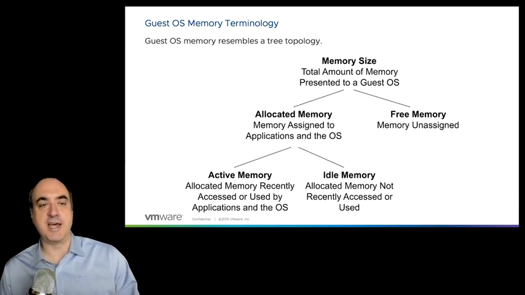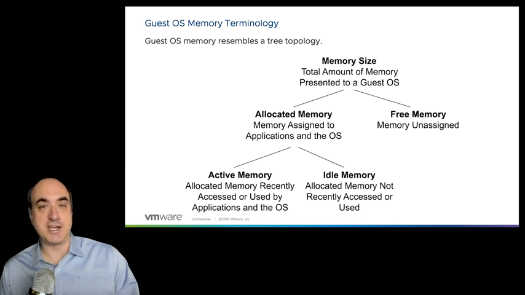The problem is, how does the ESX server's VM kernel know that those 400 megabytes of idle memory are still allocated? It doesn't. That's the issue, right? Why is the VM no longer using those 400 megabytes? It could be that the applications are no longer using them.